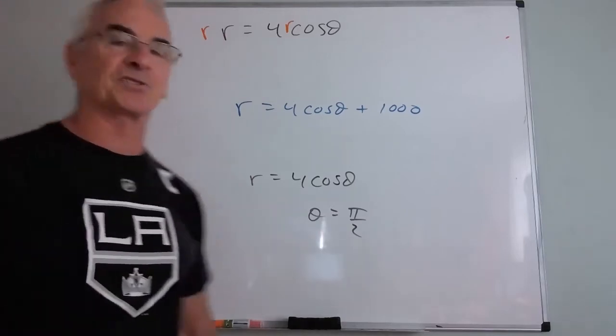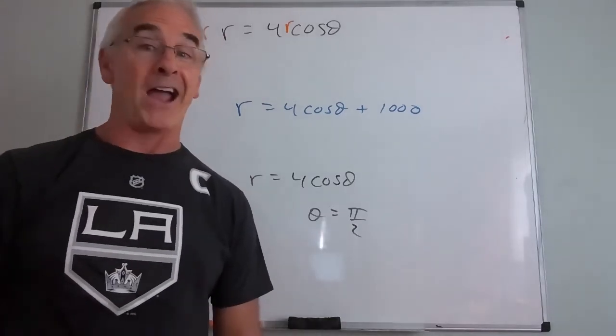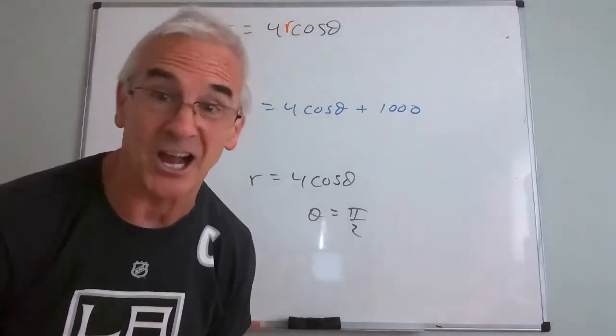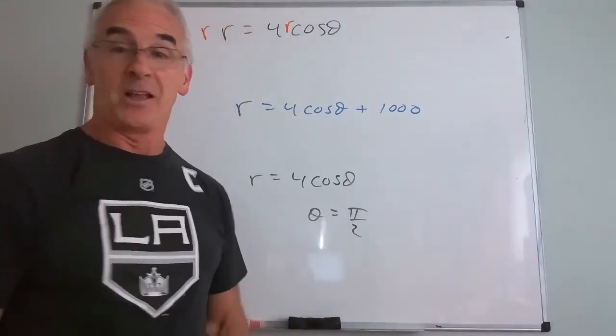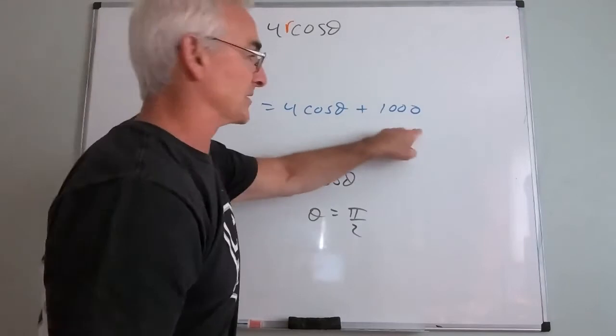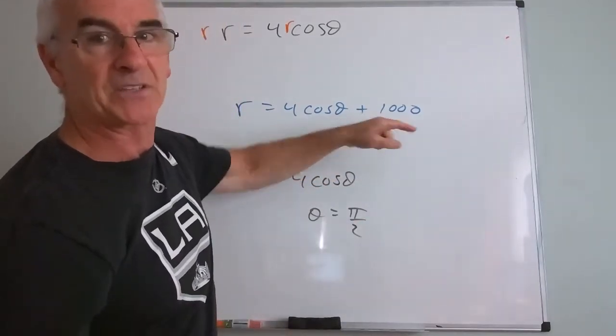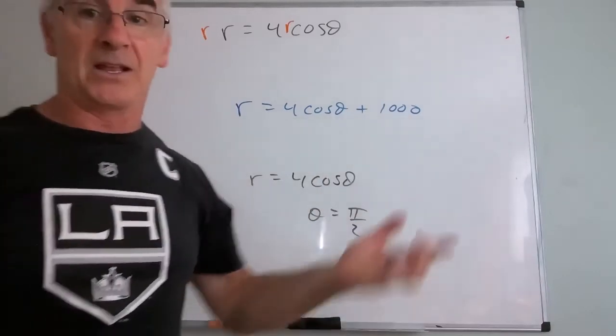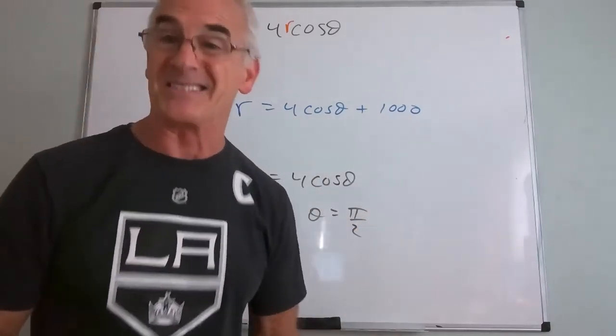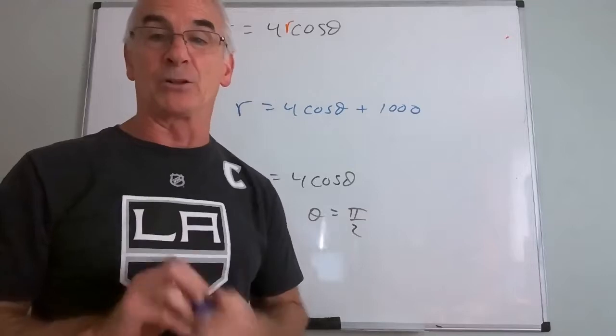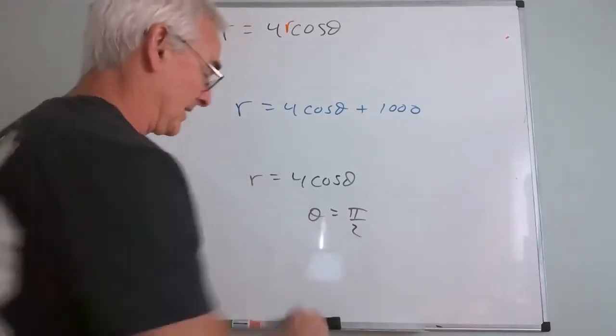If I multiply both sides by R now, I have completely changed it. It's an entirely new unrelated equation because this R can never be 0. That plus 1,000 prevented it. So that's not a legal step anymore, and any conclusion I make really isn't important.